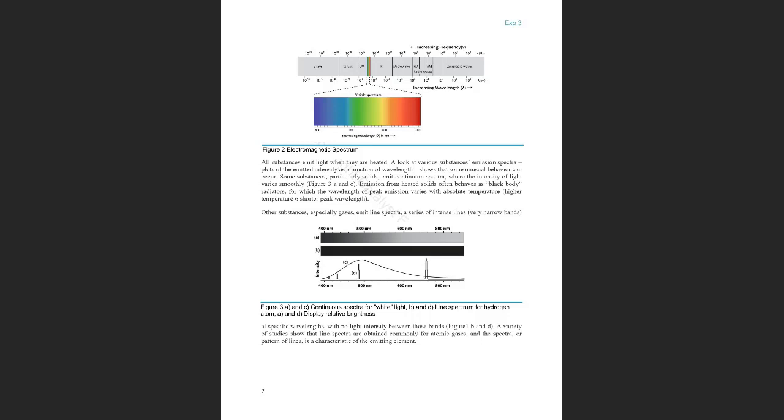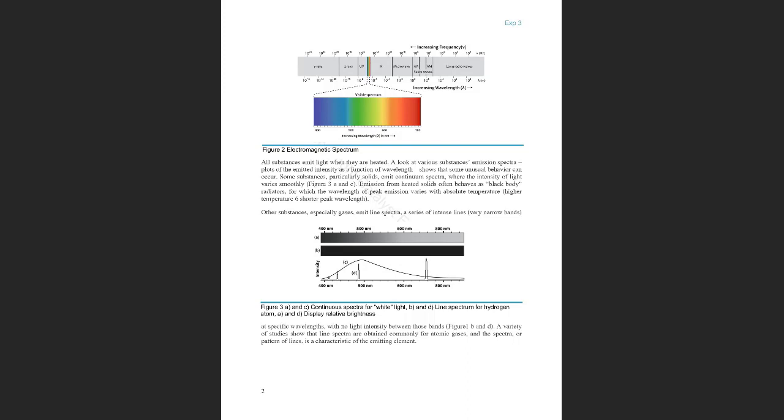The white light, as produced by the sun or a light bulb, contains a spectrum of wavelengths and therefore a spectrum of colors: red, orange, yellow, green, blue, violet.